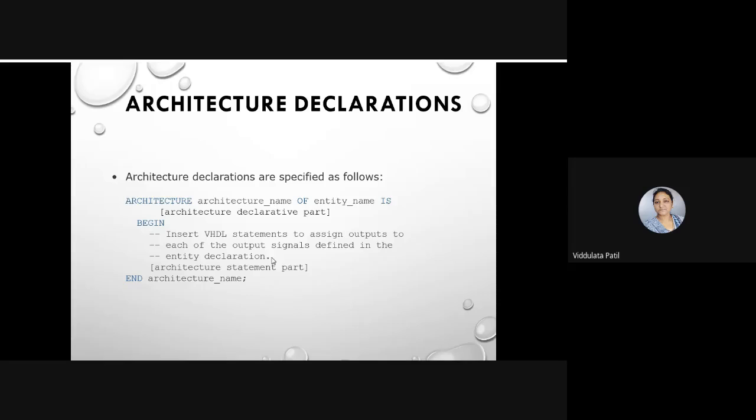After that there is an end keyword and then the architecture name, which will be followed by a semicolon. So remember that from begin to end, at the end of each statement you need to put a semicolon. That means the semicolon will end that statement.